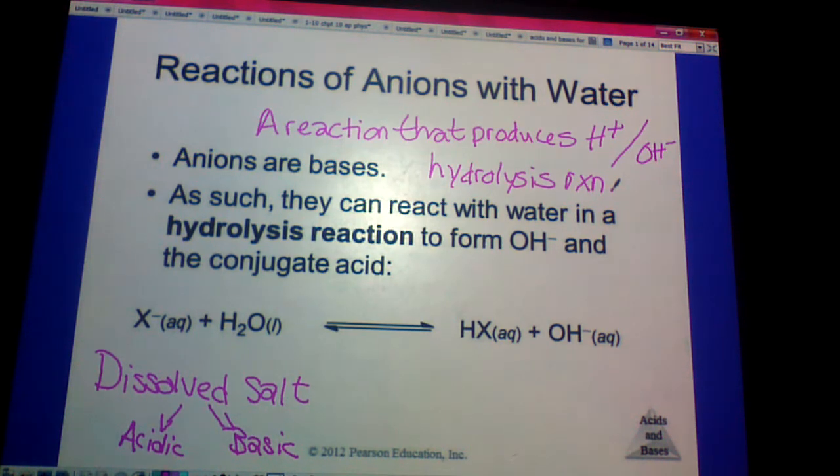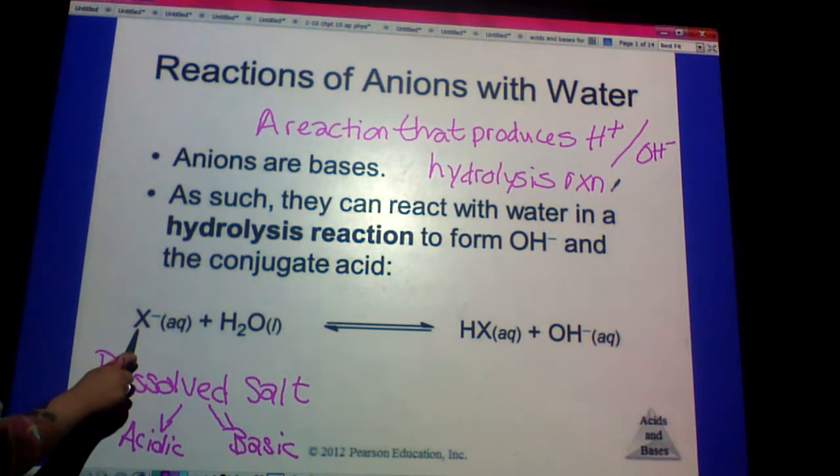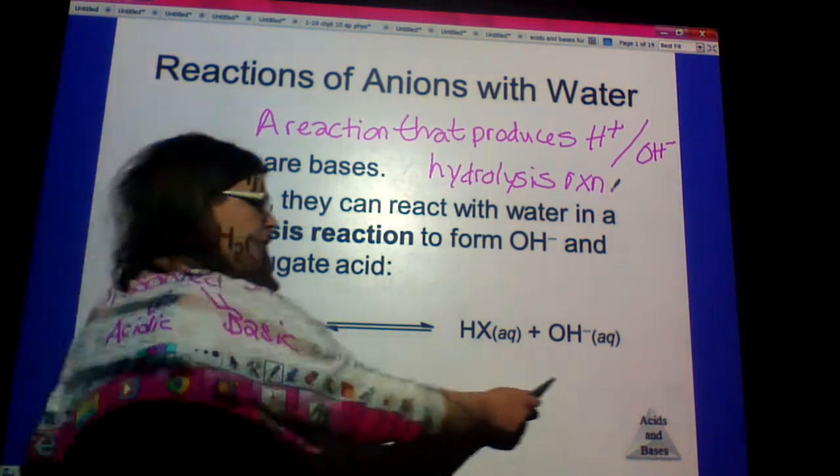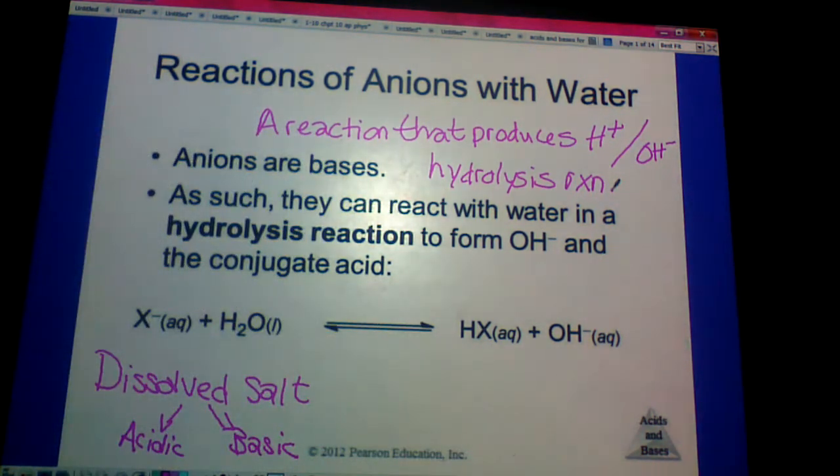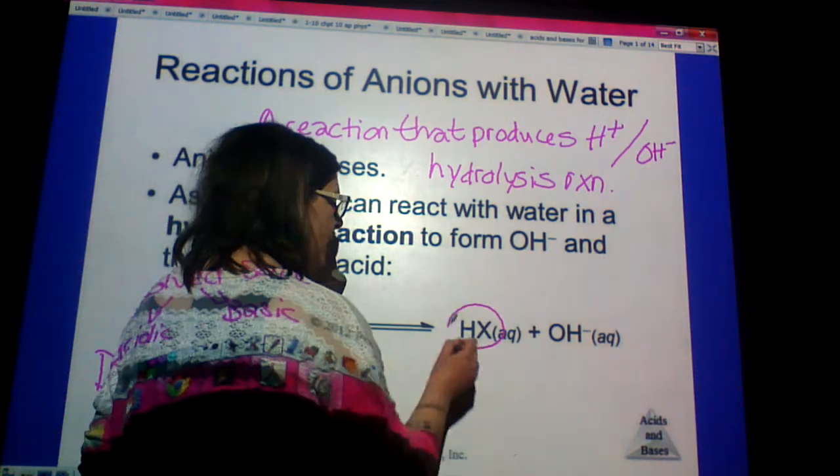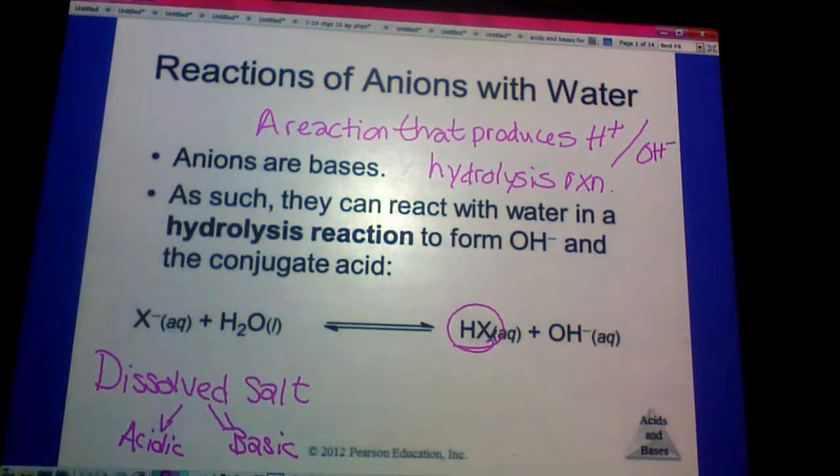Whether or not an anion reacts with water to produce hydroxide is going to depend on the strength of the anion's conjugate acid, which is, in this case, HX. To identify the acid and to judge its strength, we just add hydrogen to the anion's formula.